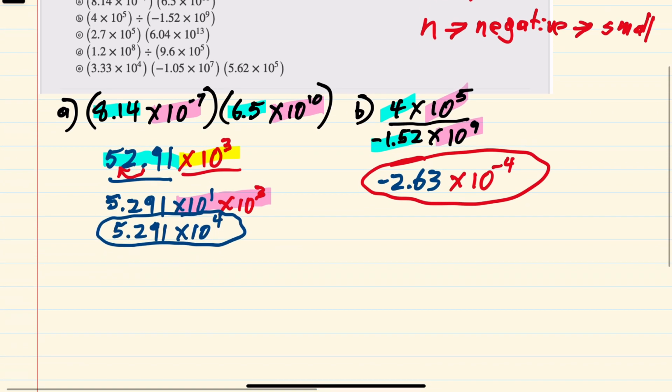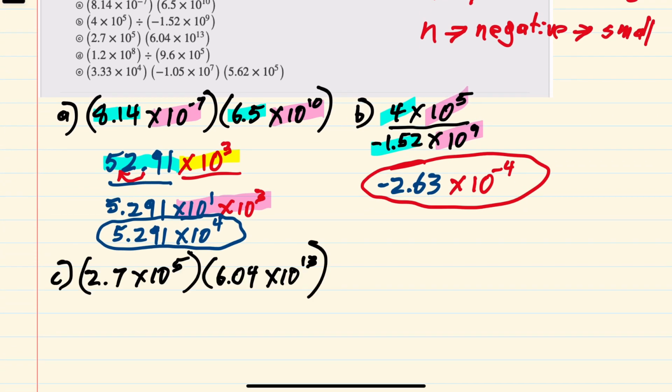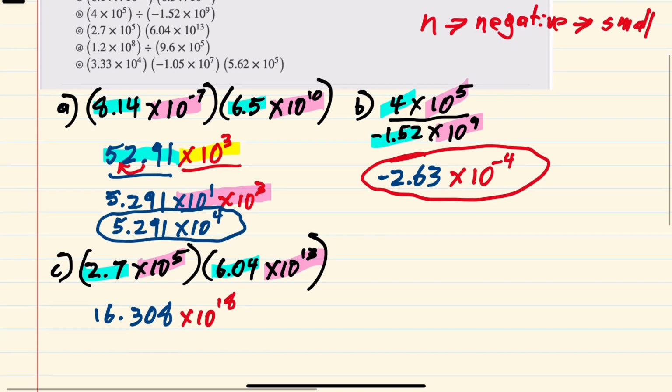Moving to C, rewriting that, we're again multiplying. So the numerical portion, 2.7 times 6.04, gives us a 16.308. The scientific pieces getting multiplied gives us a 10 to the 5 plus 13, so 10 to the 18. Again, this is not quite scientific notation.